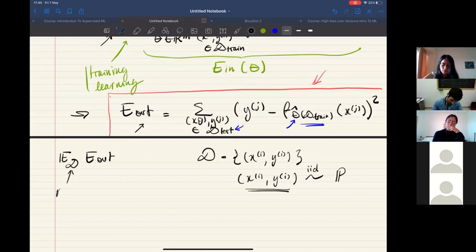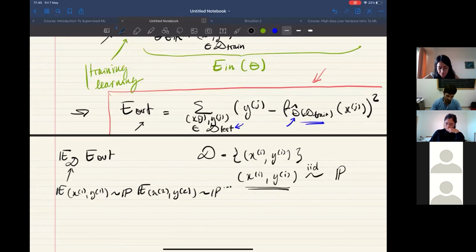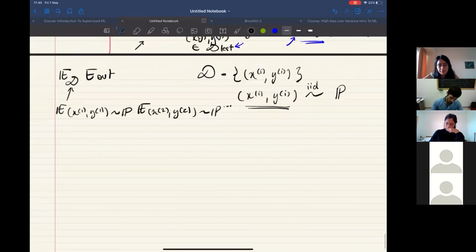Concretely, it means expectation with respect to x1, y1, which is distributed according to P, expectation over x2, y2, which is distributed according to P, etc. This is what I mean by this symbol here. So let's compute that.